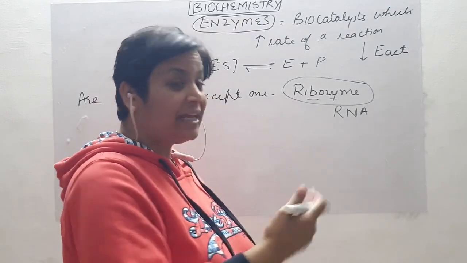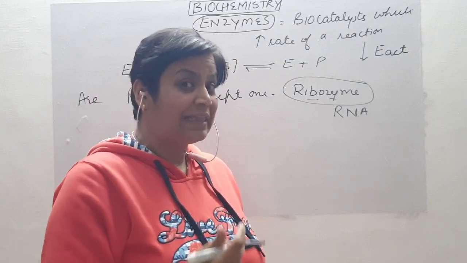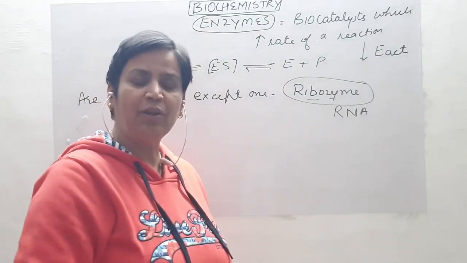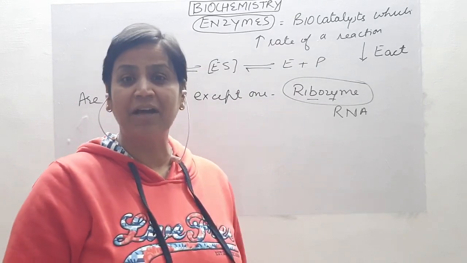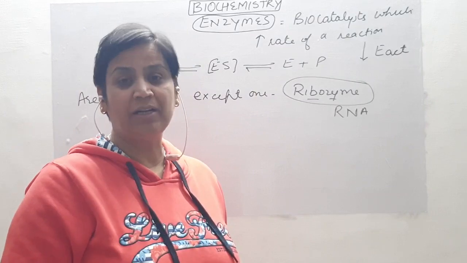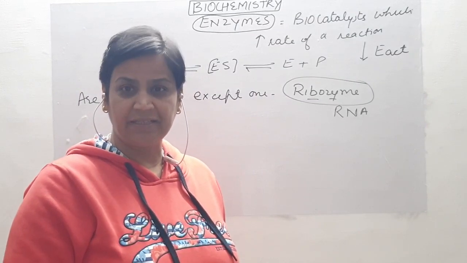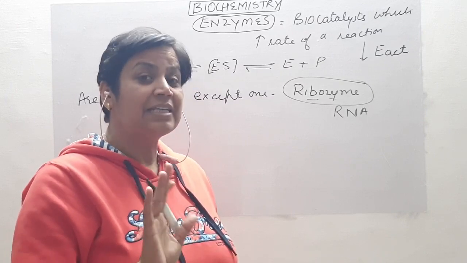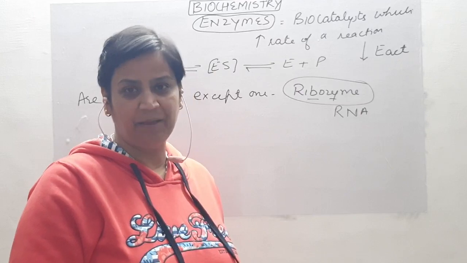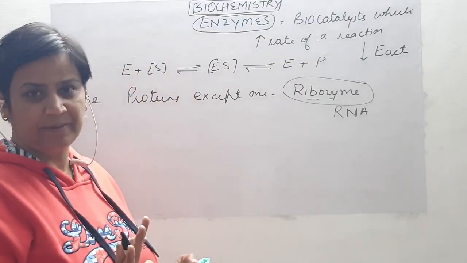Wherever RNA is functioning as a catalyst, it won't be a protein. Examples of ribozymes are peptidyl transferase, which is a very, very important enzyme of translation, and ribonuclease. These are not proteins in structure because they have RNA in them. Except these, all enzymes are proteins.